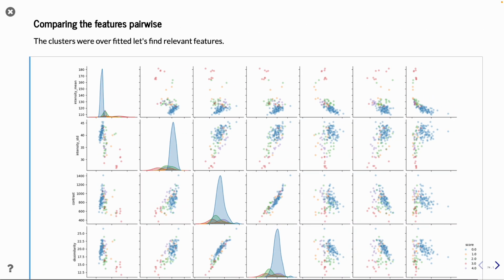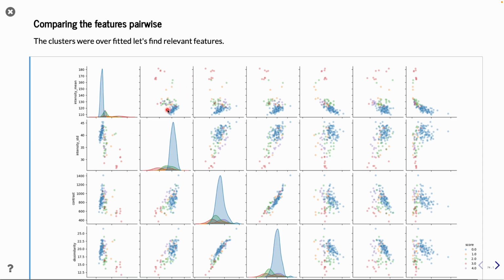So what we need to do is see whether we can combine less information and get a better result. The first thing we do is to look at the pair plot. Actually, I lost the last row. But here we have the intensity mean, intensity standard deviation, contrast, dissimilarity, and ASM is down here.